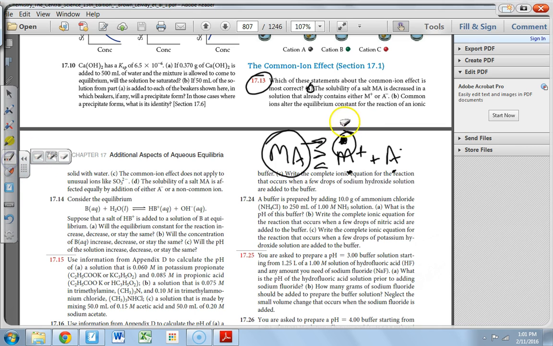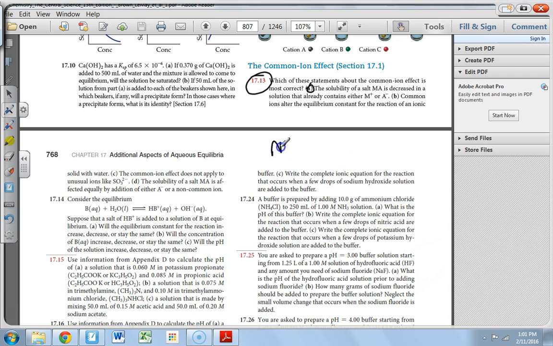And D, the solubility of salt MA is affected equally by the addition of A minus or a non-common ion. Well, going back to our reaction here, we have MA in equilibrium with M plus and A minus. It is affected by the addition of A minus, but where would the non-common ion go? It's not M plus or A minus.